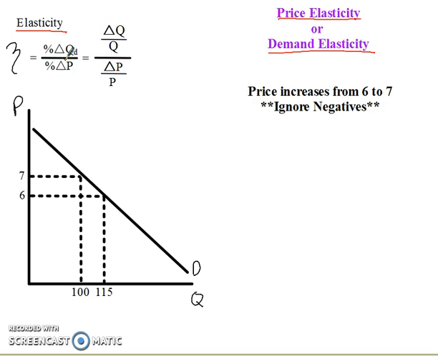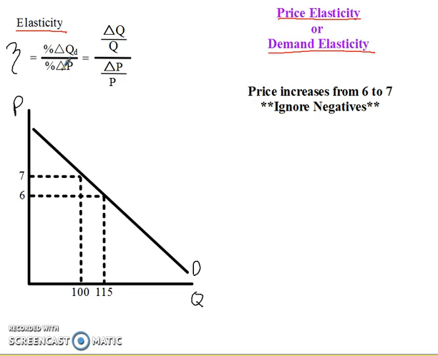That is to say, how much does quantity change when the price changes? Again, we're trying to put a magnitude, a number, on this. How sensitive is the consumer to changes in price? How much do they change their quantity demanded in response to a change in the price? And these little triangles, of course, are delta, and they mean change in.